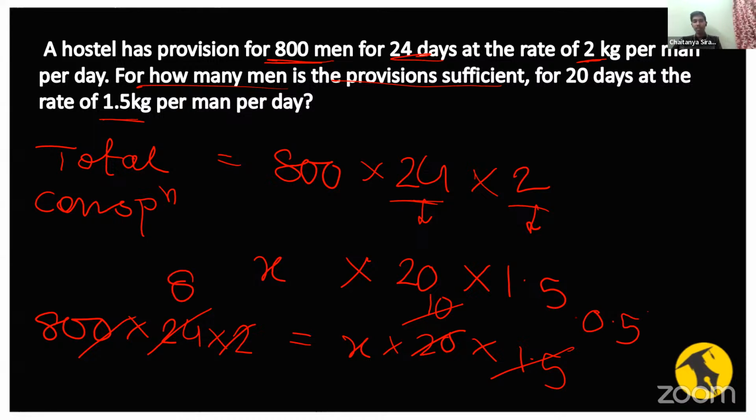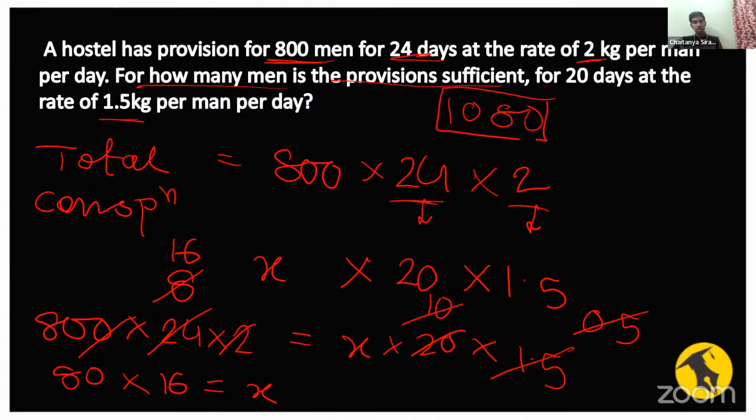Dividing by half basically means I'm doubling it. So it will be 80 into 16 into 2, which is nothing but 1080. So x equal to 1080. That means the provisions are sufficient for 1080 men.